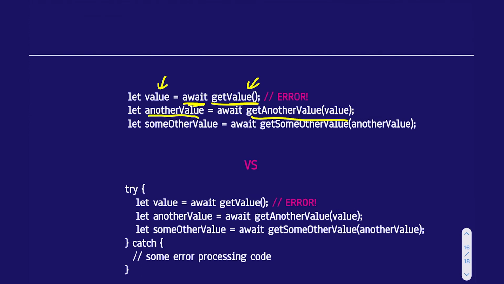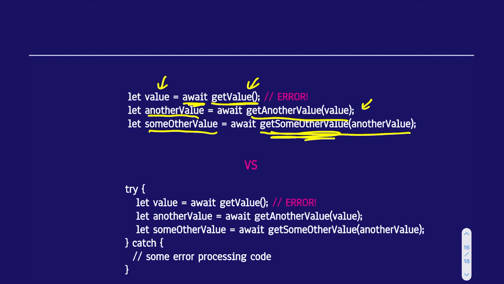We're probably rejecting this function, probably crashing something. But then we're passing it as a parameter into get some other value. So this some other value is probably also null, or this function has crashed.